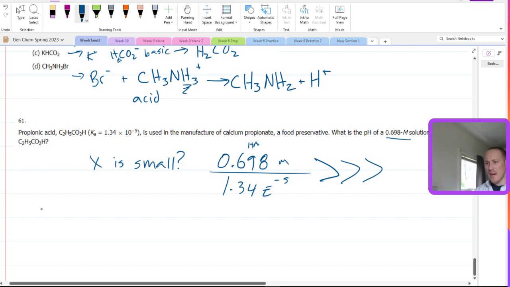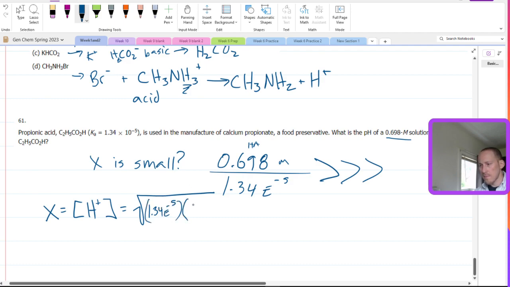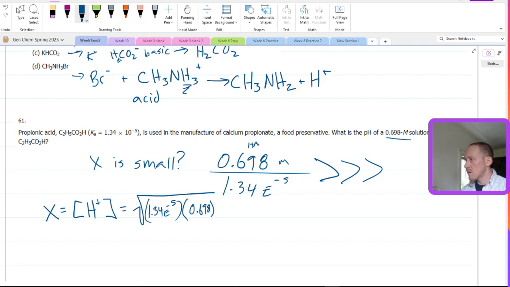Based on having already done the RICE table for the previous one, I'm just going to set it up like this. x equals the concentration of protons, and it's going to equal the square root. This is just like the previous problem: since x is small, it's going to equal the square root of the Ka times the starting concentration. So the Ka, 1.34 times 10 to the minus fifth, times 0.698. Let's see here.